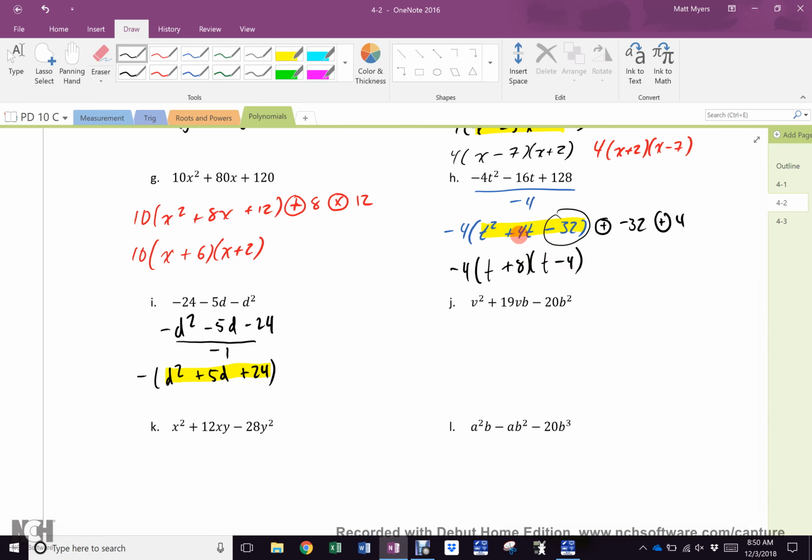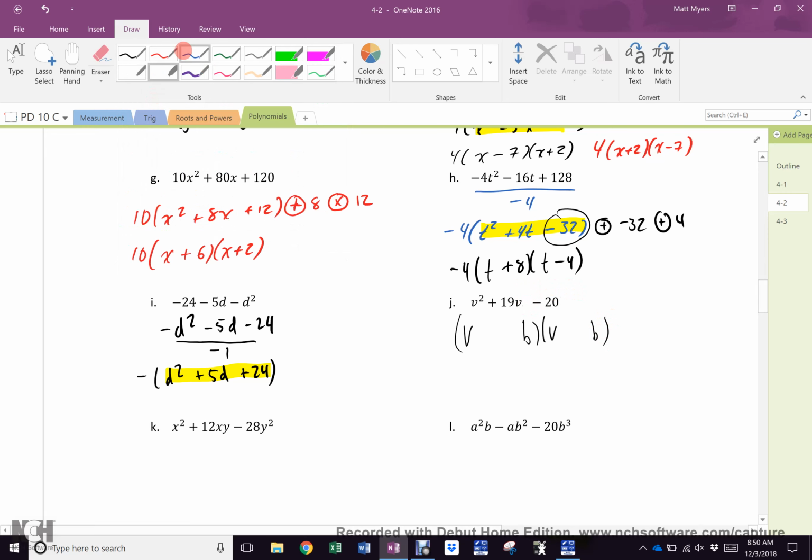All right, what's different in J? There's an extra variable, right? We know that v and v will make v squared. So what obviously do I need at the other side to make b squared? b and b. What is happening here is the exact same thing as that, right?